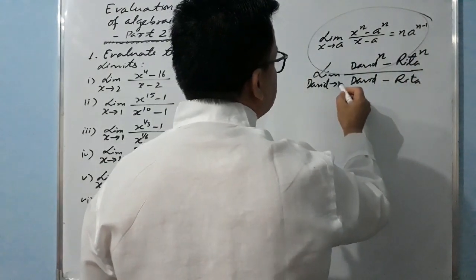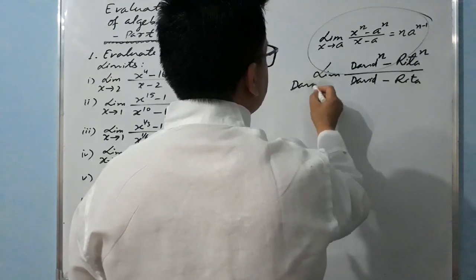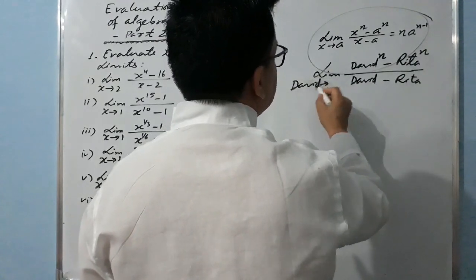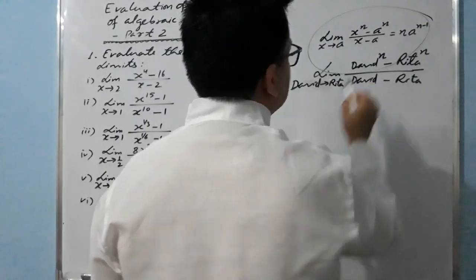As x changed to David, as a changed to Rita.